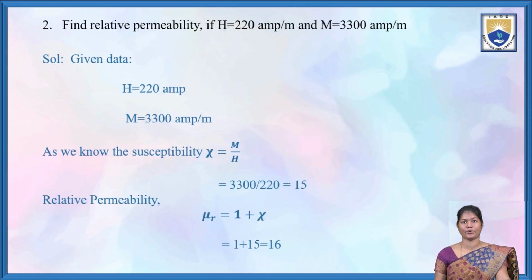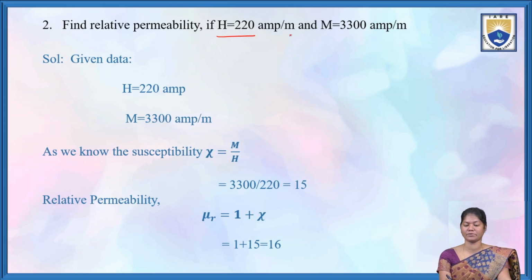Next problem. Find relative permeability if magnetic field intensity is equal to 220 ampere per meter and magnetization value M is equal to 3300 ampere per meter.